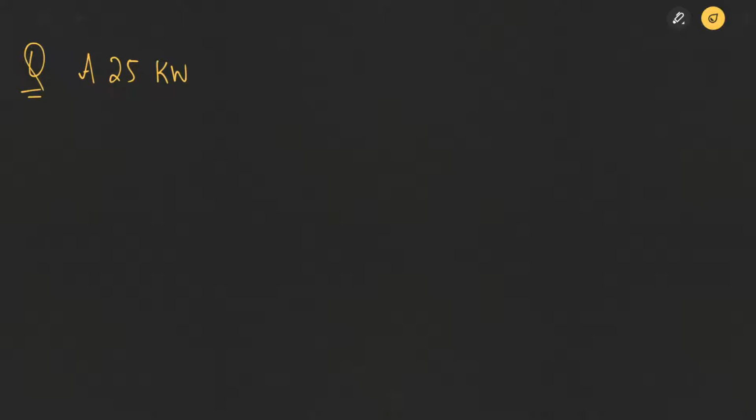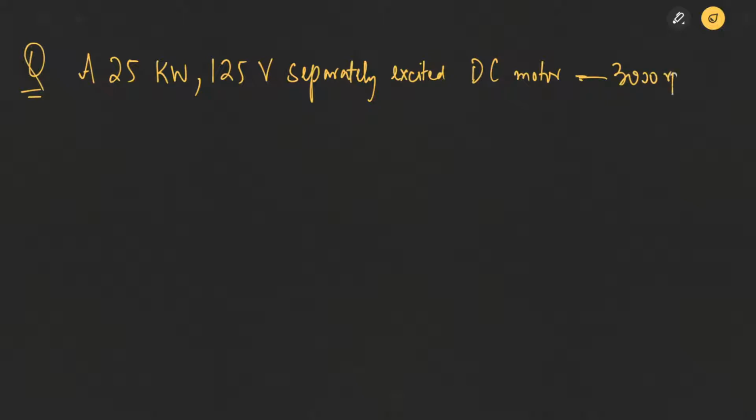A 25 kilowatt, 125 volt separately excited DC motor has been given to us and is operated at a constant speed of 3000 rpm with a constant field current.